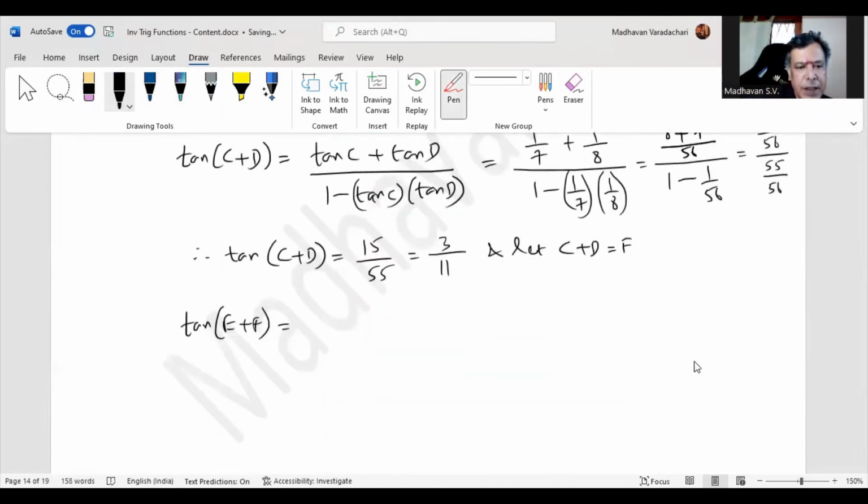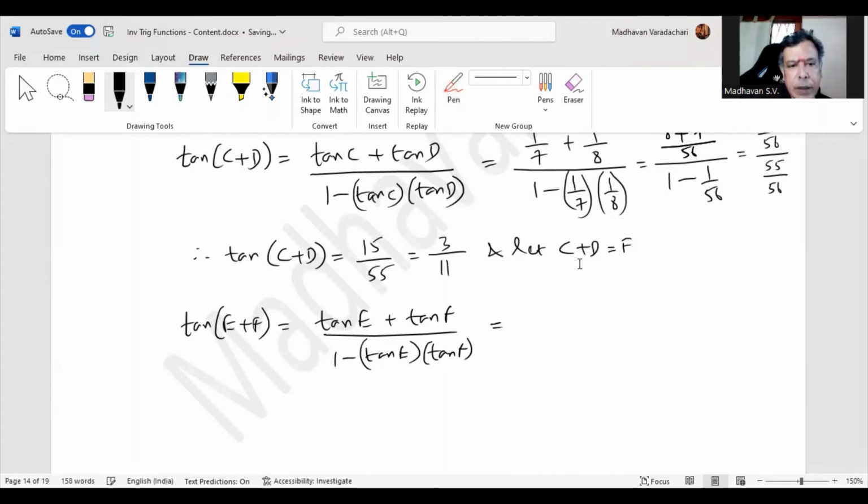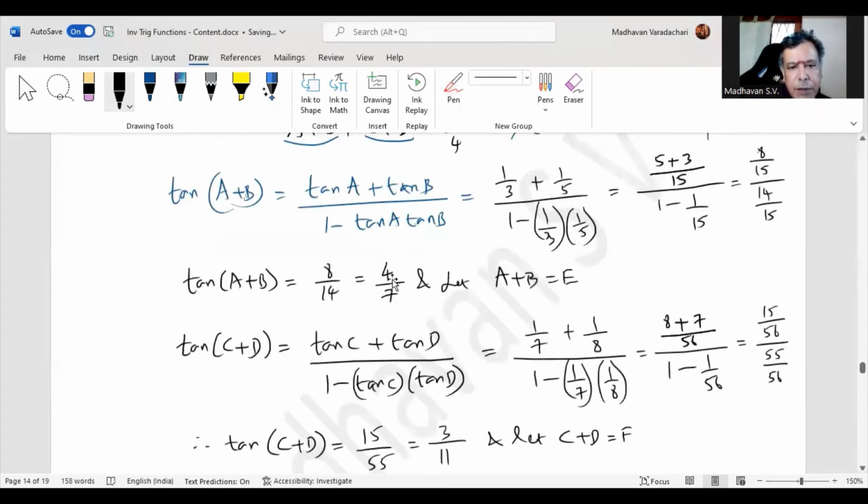tan of E plus F is nothing but tan E plus tan F divided by 1 minus of tan E times tan F. So tan E is nothing but 4 by 7, which means tan E equal to 4 by 7.